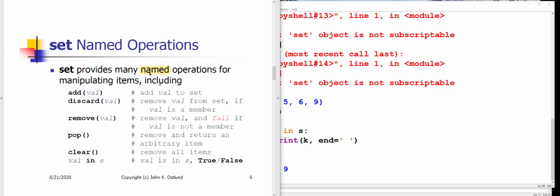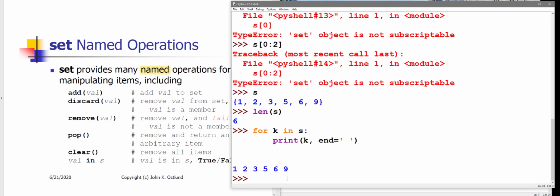There are a bunch of named operations that you can do with sets. Now, because the set has no concept of a first item or a last item, there are no append or insert functions for sets. Append generally implies adding something at the end of a collection. Insert generally implies putting something at the beginning or ahead of some item in a collection.